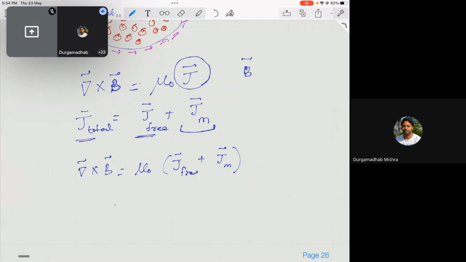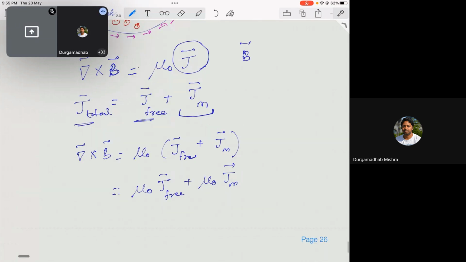Now we can write it as separate terms, mu 0 J M. And this J M, similar to what we saw in dielectrics with bound charges, we can call a bound current.